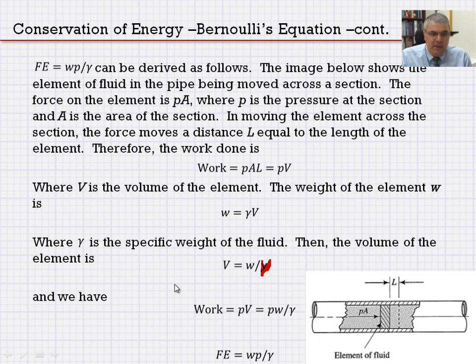In this case, the work would be P times V, which is PW divided by gamma. If we replace V by W divided by gamma, then FE, the flow energy, would be WP divided by gamma. So it's important to note all these symbols and go through all of these derivations step by step.